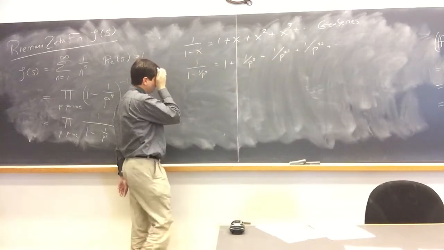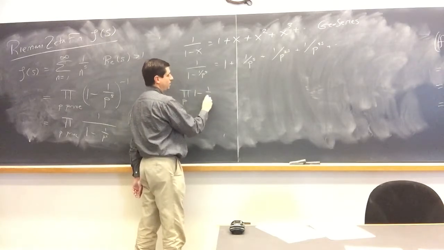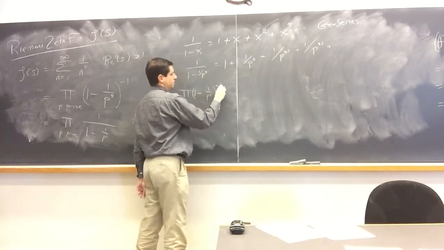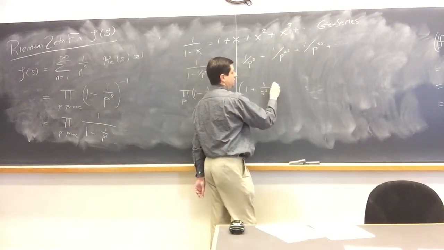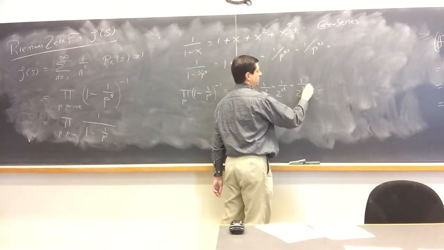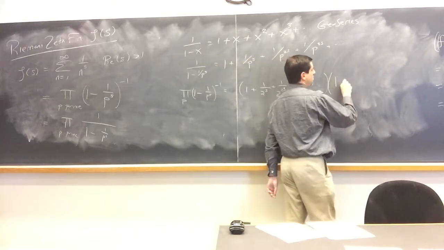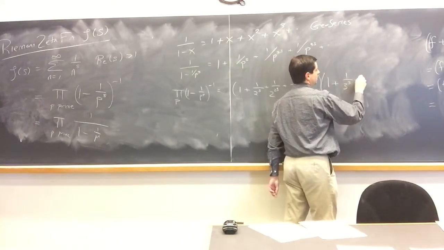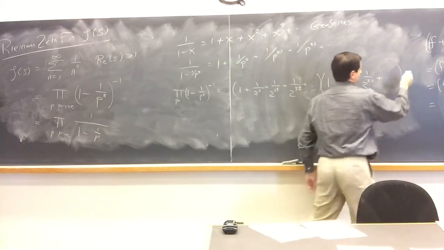So the product over all primes is 1 plus 1 over 2 to the s plus 1 over 2 to the 2s plus 1 over 2 to the 3s plus dot dot dot, times 1 plus 1 over 3 to the s plus 1 over 3 to the 2s plus dot dot dot, and so on.